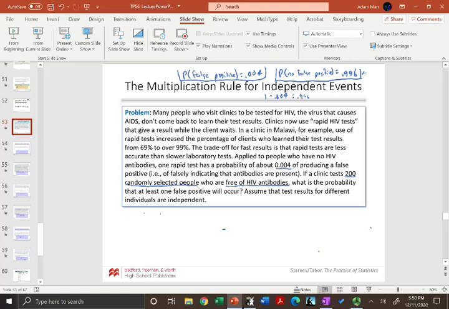Applied to people who have no HIV antibodies, one rapid test has a probability of about 0.004 of producing a false positive. False positive means falsely indicating that antibodies are present. If a clinic tests 200 randomly selected people who are free of HIV antibodies, what's the probability that at least one false positive will occur? Assume that test results for different individuals are independent.